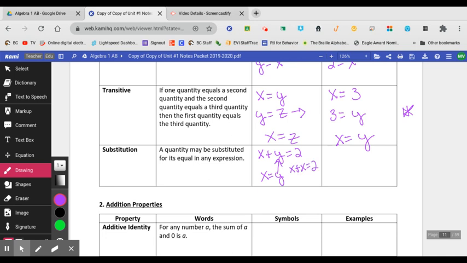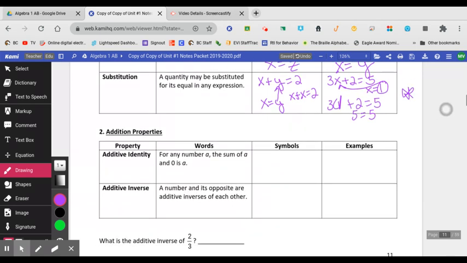You do this all the time when you check. So if I have 3x plus 2 equals 5, and I know that x equals 1, your check is you substitute the 1 for the x. So 3 times 1 plus 2 equals 5, and there's your check: 5 equals 5. Again, we use that one a lot. We don't say the property.